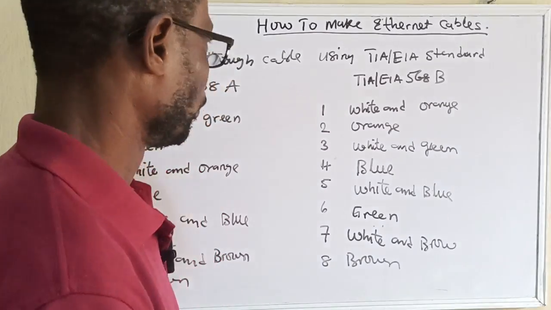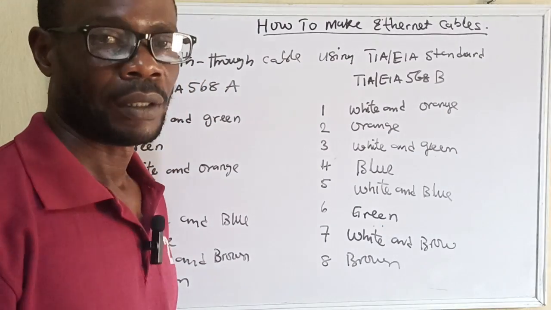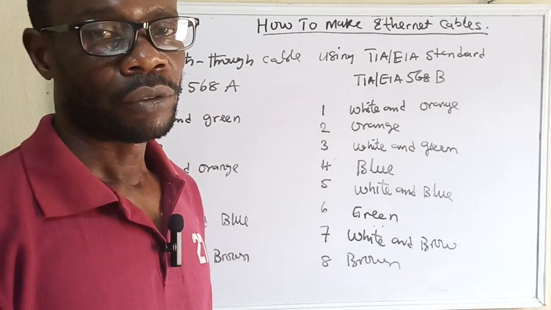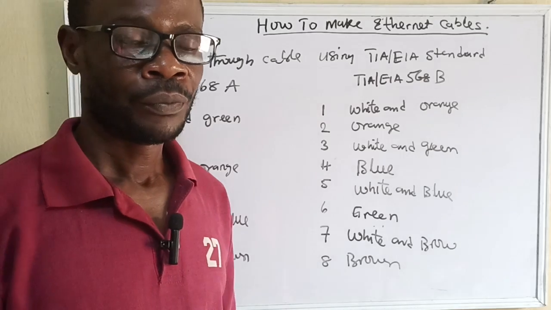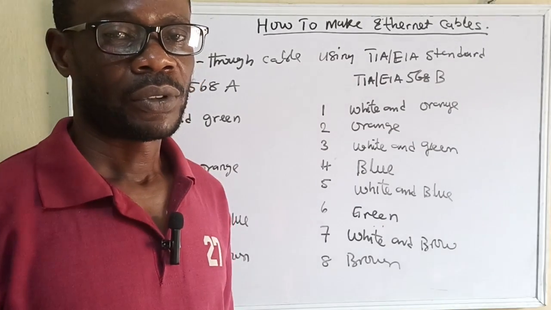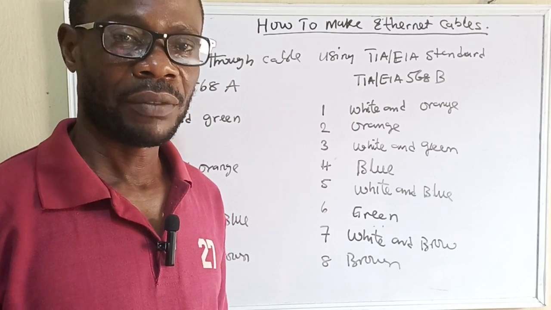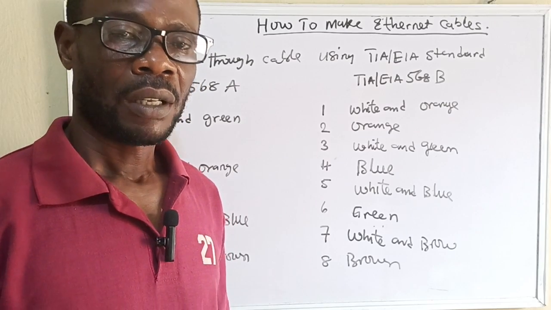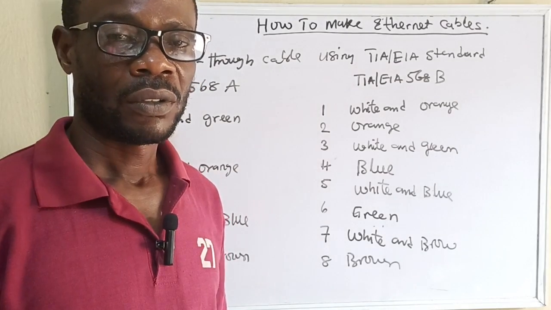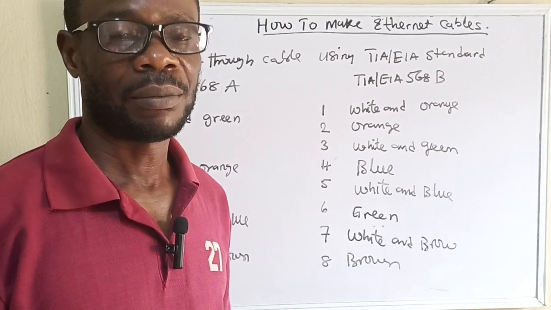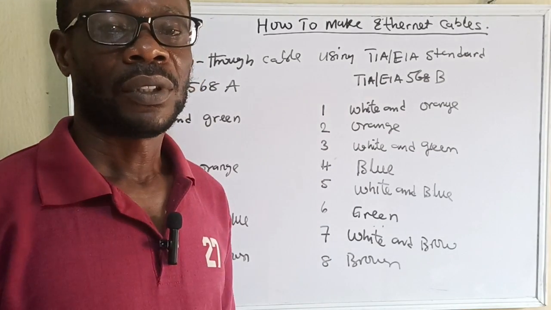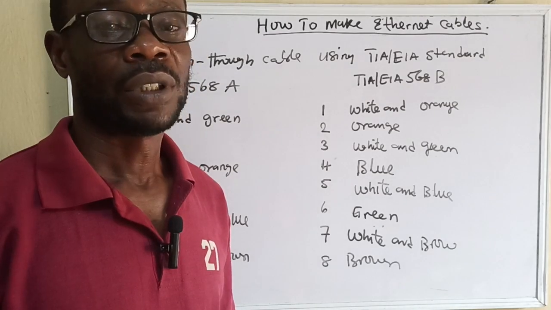I am here to show you how to make network cables, how to terminate network cables using the RJ45 connector. Remember that every network cable has an RJ45 connector; that is, an Ethernet cable has RJ45 connectors at both ends.